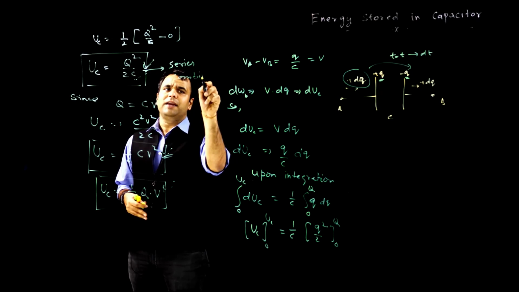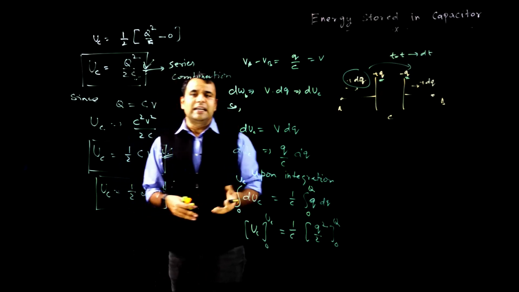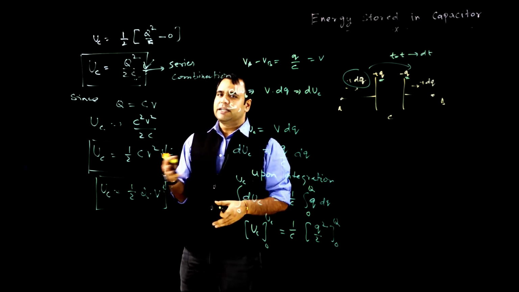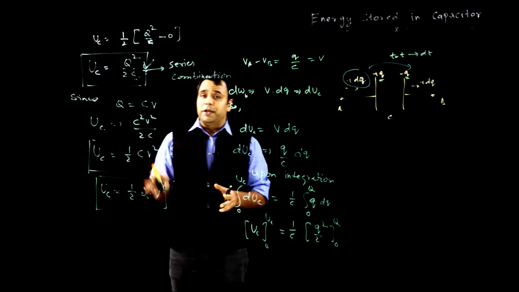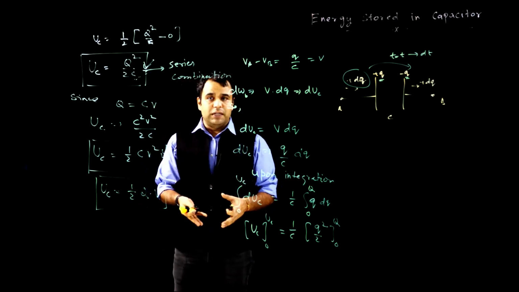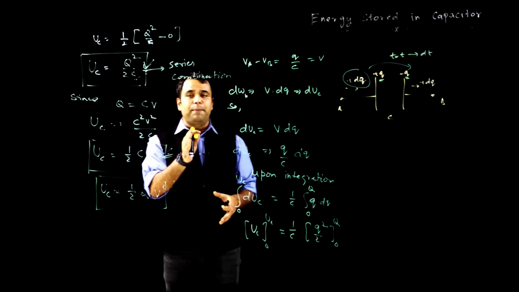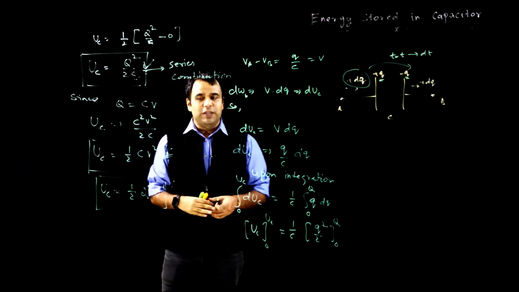The reason is that when we have capacitors in series, the charge across each capacitor is the same. So we can compare the energy stored in each capacitor because the charge is the same, and the energy stored in each capacitor in a series combination will be inversely proportional to the capacitance.